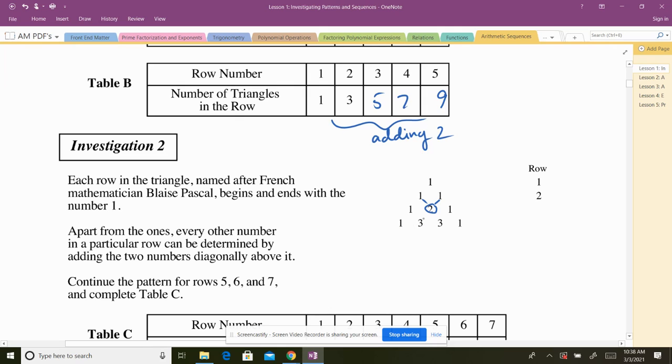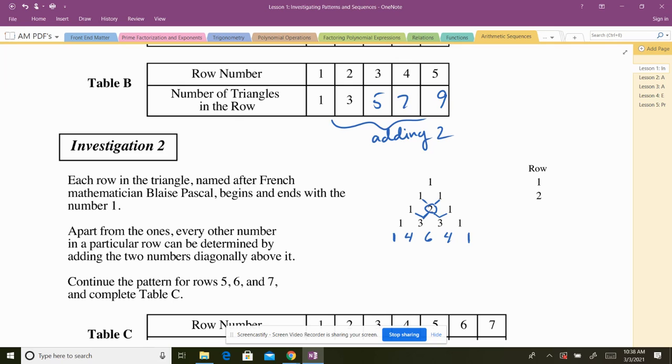To get this number here, I add 2 and 1 to get 3. And this one, 2 and 1 gives me 3 again. The next row would be 1. What number am I putting here? 4. And then 6. And then 4. And then 1. Now, we're not going to study Pascal's triangle. I'm just showing you there's different types of sequences.